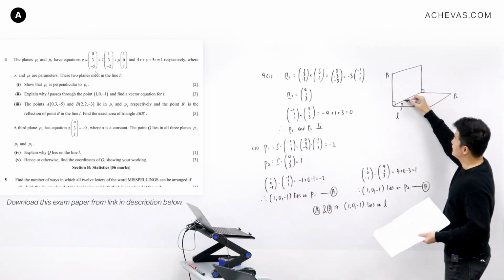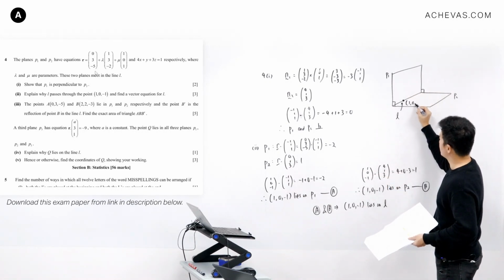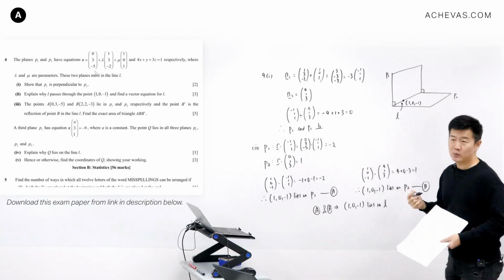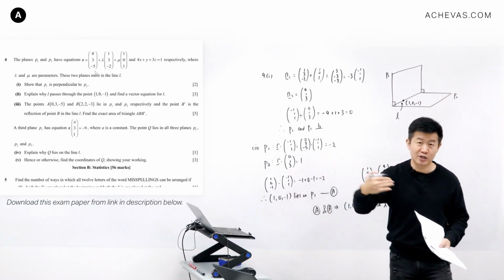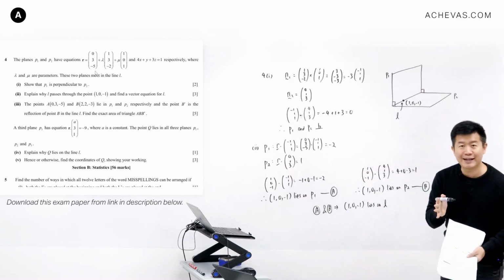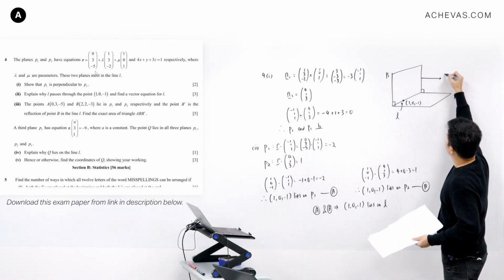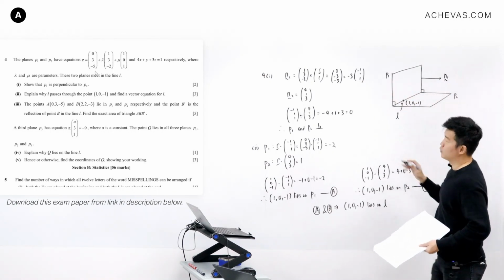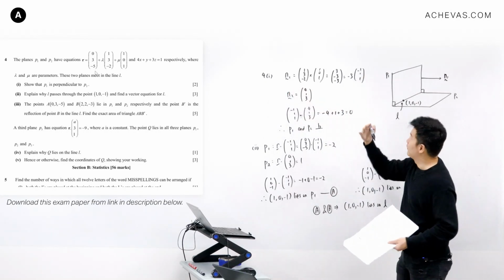And we already know that this line L has a point. The point is this 1, 0, minus 1. So what we need in order to form the equation of this line L is a direction that is parallel to L. And for this direction, we can actually take the normal vector to plane P1. I'm going to call this N1, which is not this N1 here, okay? It is actually this, but more for our visualization.